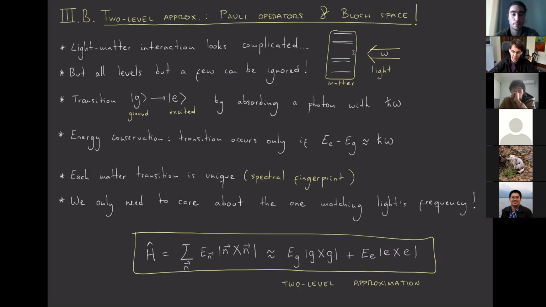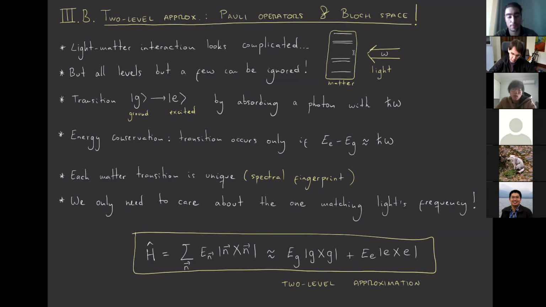But what we saw as well is that when we consider one particular frequency of light interacting with the many multi-level structure, because the energy is exchanged in packets of h bar omega, electrons can make transitions between atomic orbits just absorbing that h bar omega. Energy conservation tells you that only the levels whose transition is close to resonance with h bar omega will matter. Anything else will not matter.